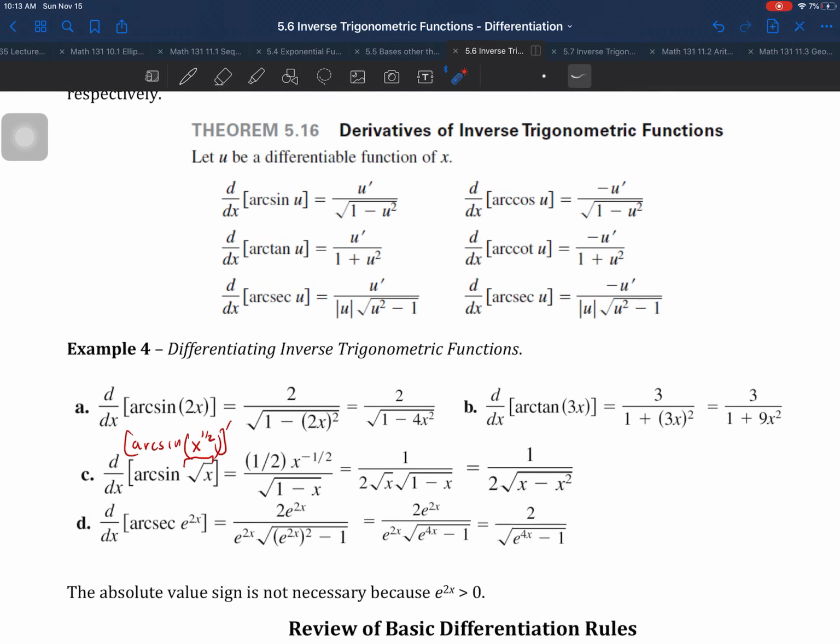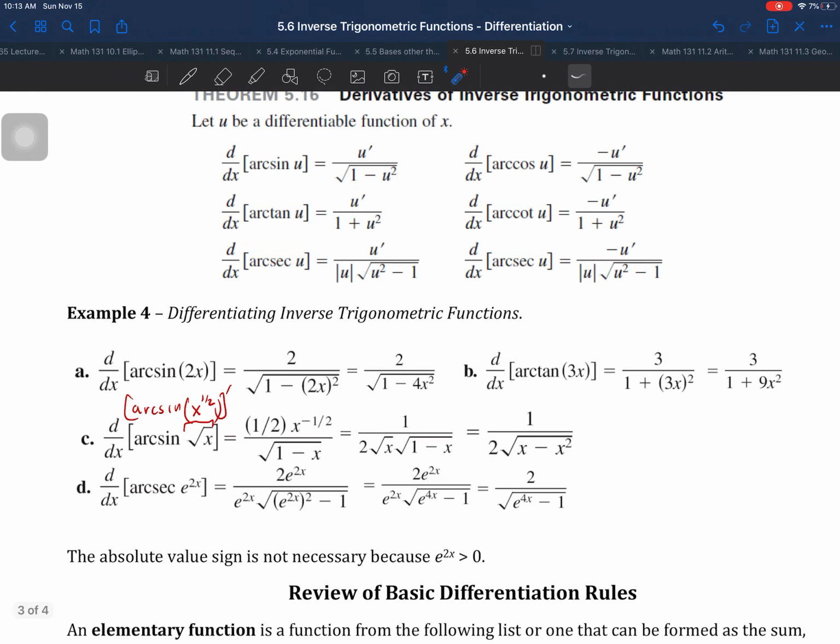Yes, I think this is the cosecant. Yep. All right, and then so the secant is going to be positive. So let's type it in here. Let's rewrite this one right here.